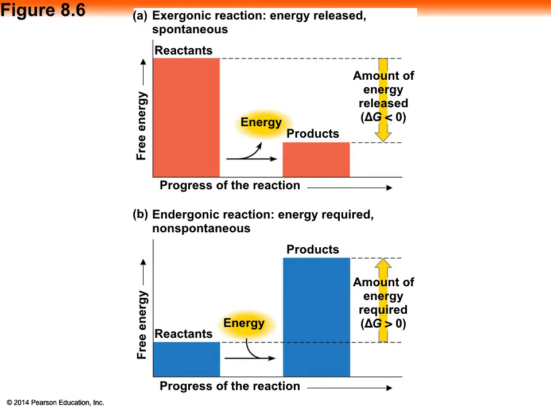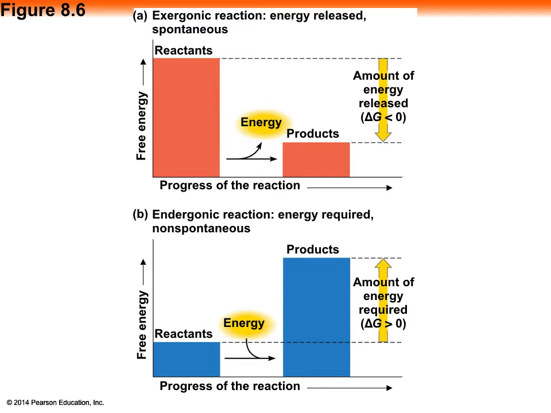We see free energy, and we can also look at putting energy in or taking energy out. Looking at example A, we have more free energy at the beginning, and the products have less free energy. We actually have a negative delta G.